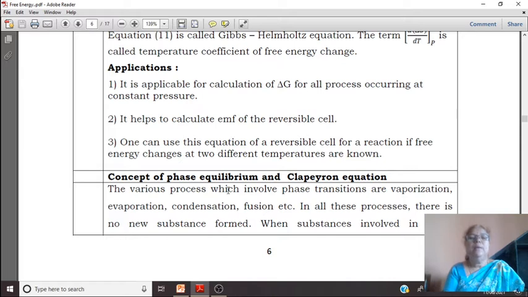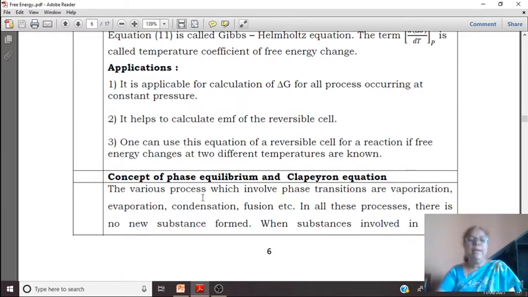These are examples of phase transition, and the scientist Clapeyron applied the second law of thermodynamics to phase transitions. So we derive the Clapeyron-Clausius equation here.